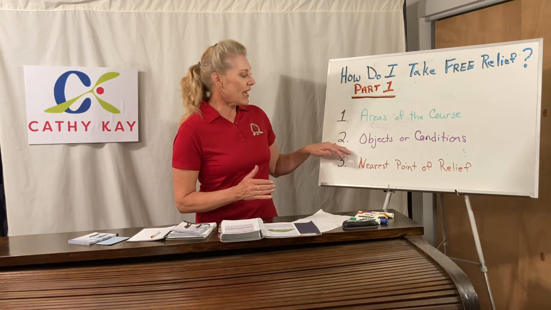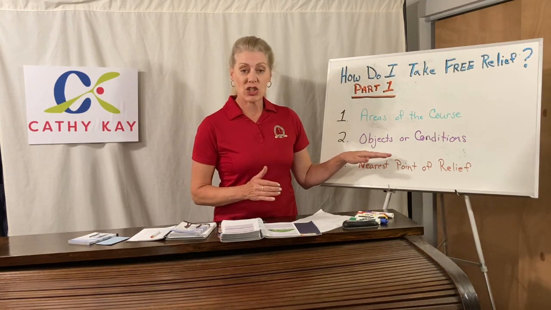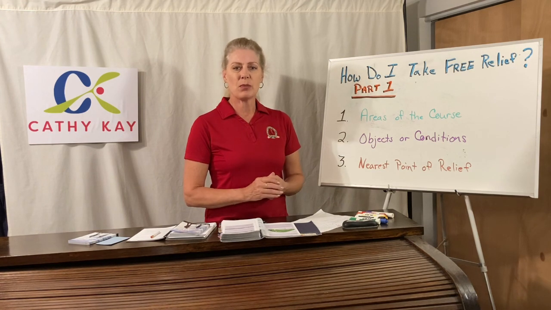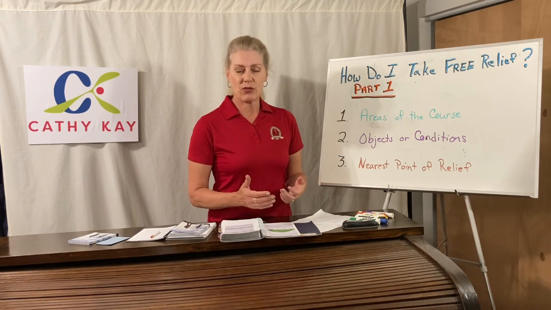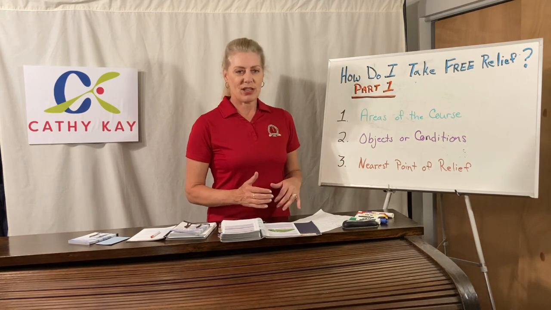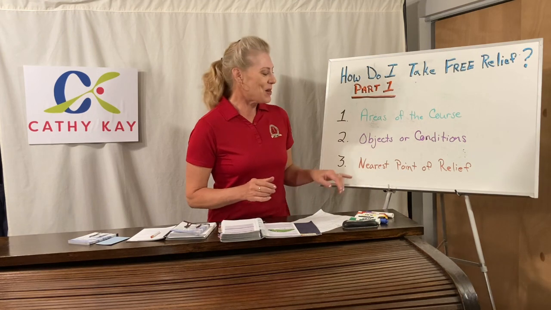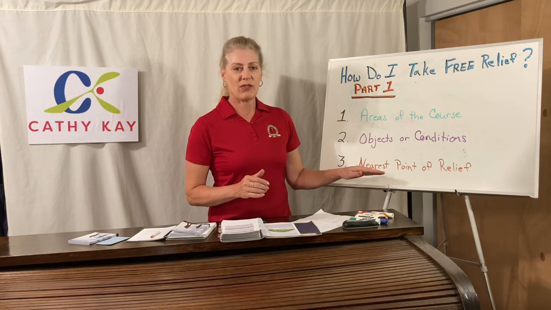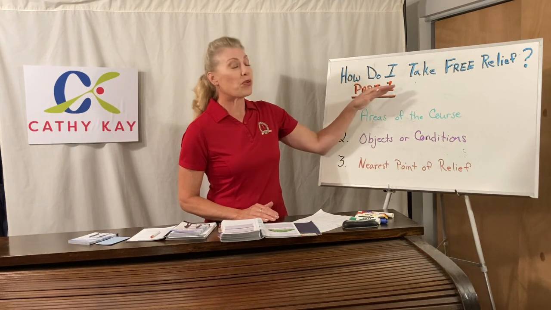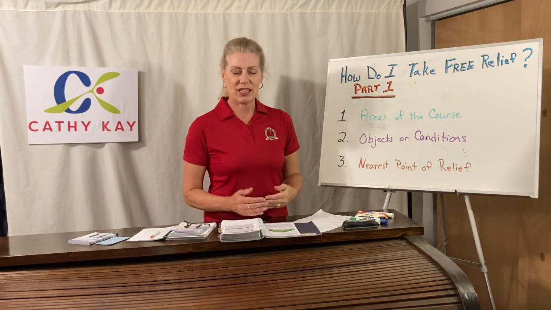We took a look at some objects or conditions, focusing on the abnormal conditions, those immovable objects where free relief would be granted. And then we learned about the nearest, not the nicest, but the nearest point of relief, which is step 1 in the process of taking free relief.